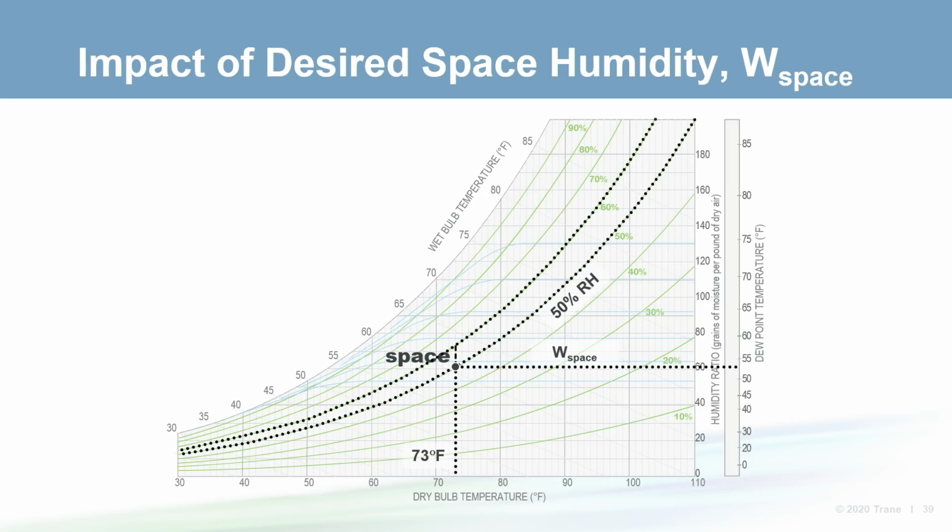But what if the engineer or client is okay with a higher relative humidity in the space? This corresponds to a higher humidity ratio. Or what if the space set point will be 75 degrees rather than 73? Again, this will result in a higher humidity ratio. In this case, the space humidity ratio varies between 60 and 78 grains per pound, depending on the desired conditions.